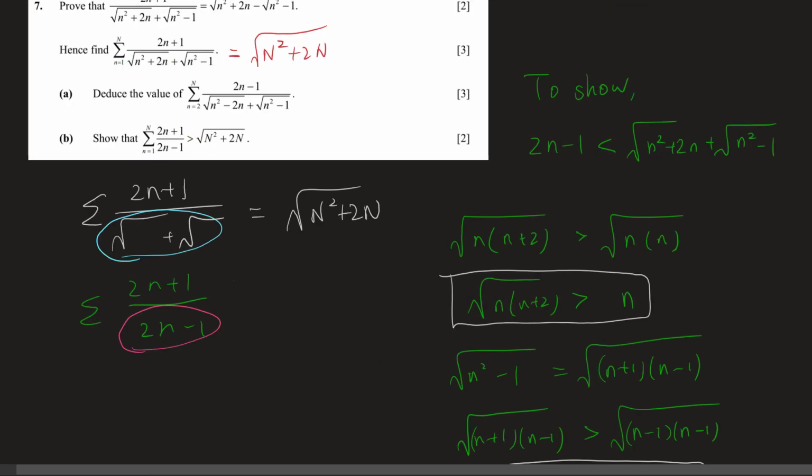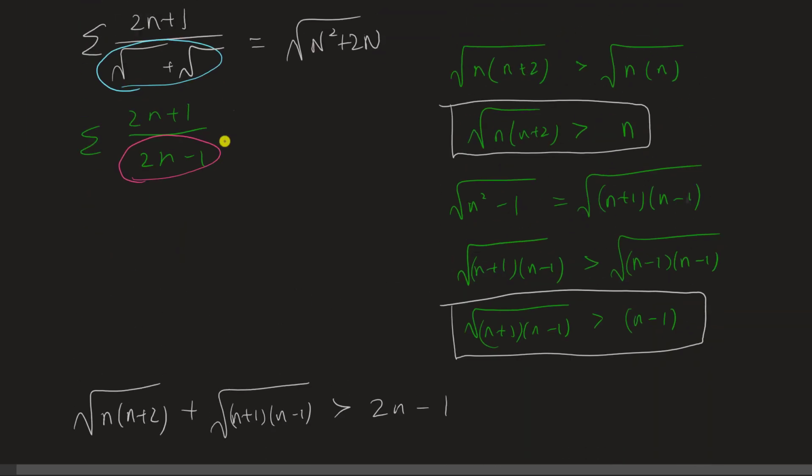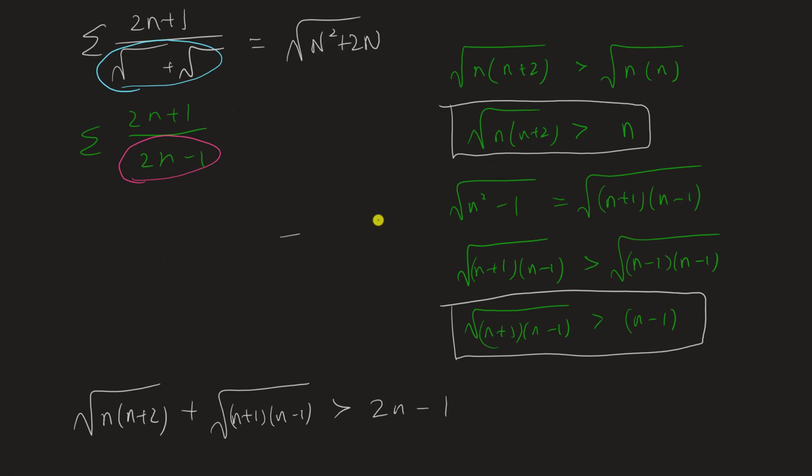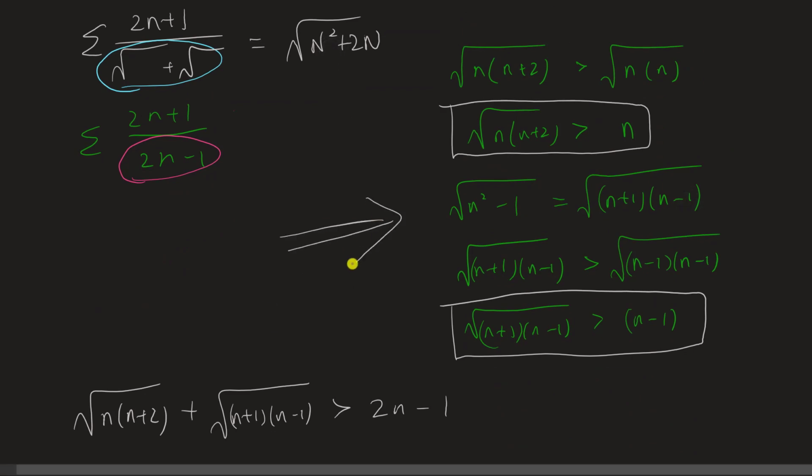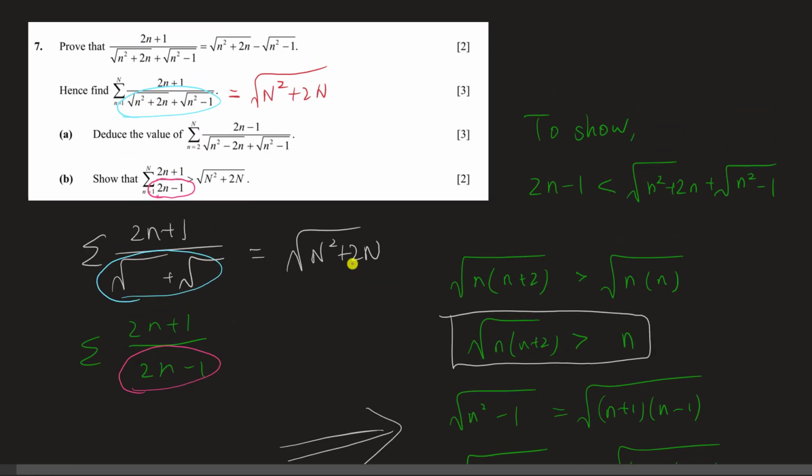So now we have shown that this blue denominator is actually bigger than this pink denominator. This means that this expression now is greater than our previous answer, n squared plus 2n, using this logic here. Not very straightforward. That's why they only offer 2 marks to this extremely tough question.